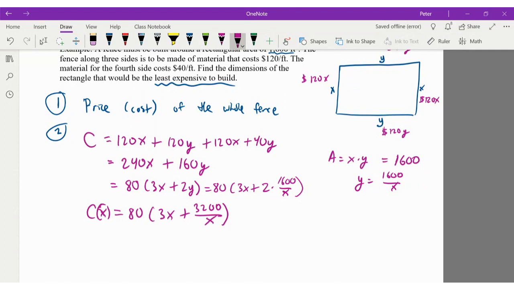The point is that if you notice, what this is giving is cost as a function of the length of one side. So that's your objective function. Okay, now what's the domain?